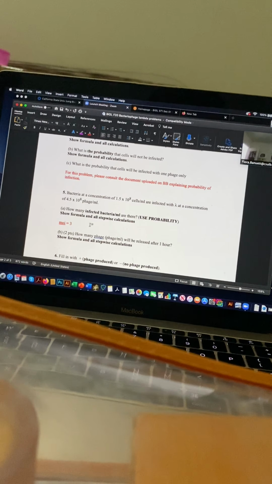So the probability of infection equals 1 minus P of 0, which equals 1 minus e to the minus 3.